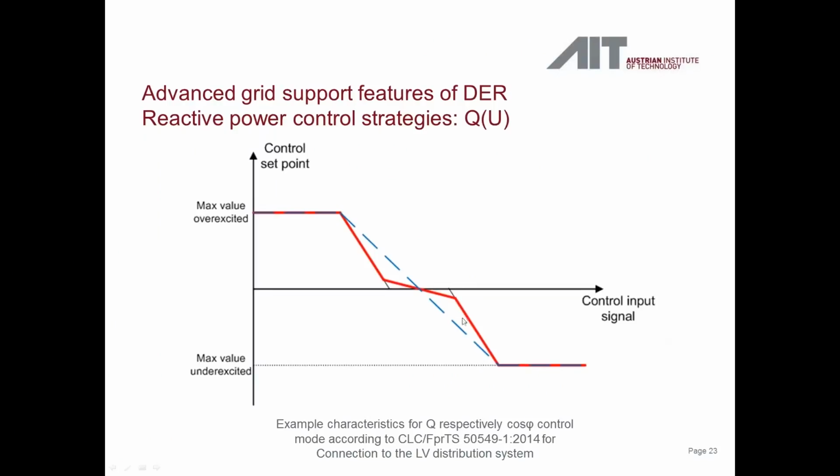Reactive power control. This is also an example. We showed what happens with the grid when reactive power is sourced or sunk. There are certain requirements by grid codes to inject a certain level of reactive power if voltage falls below a certain level or goes above a certain level.